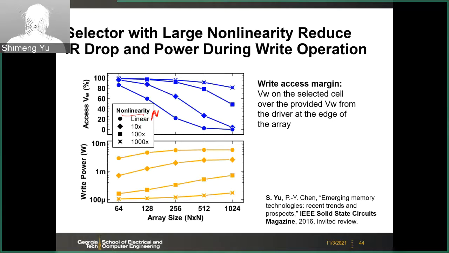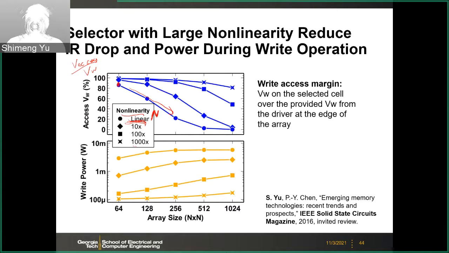If you don't have the selector, then this will be a linear resistor, a pure resistor network. Then you see the voltage access of the last cell versus your initial write voltage, as a function of array size, quickly degrades because of the IR drop and the sneak path.